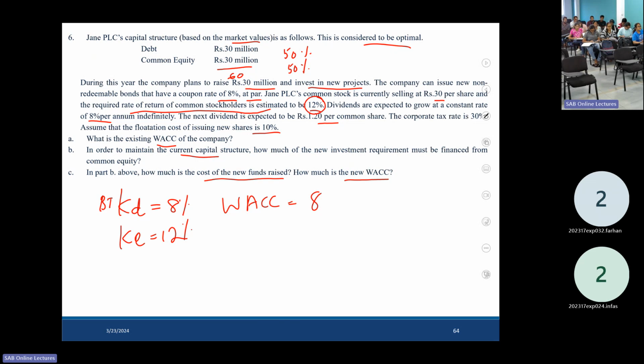Tax rate is 30%. So 8 into (1 minus 0.3) into 50%, plus 12 into 50%. This is the existing weighted average cost of capital.